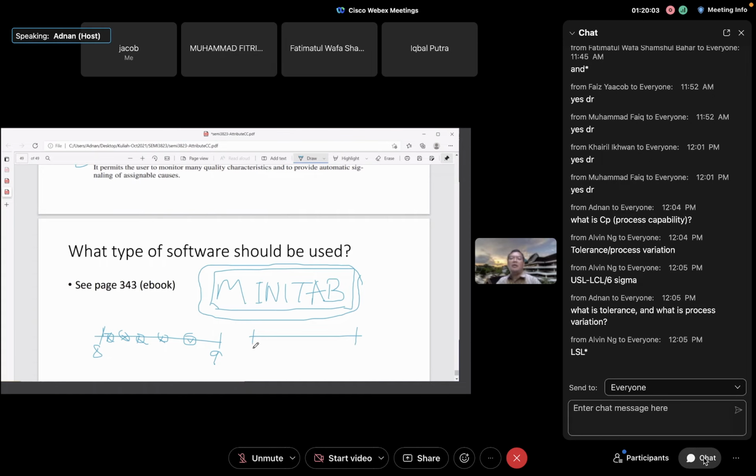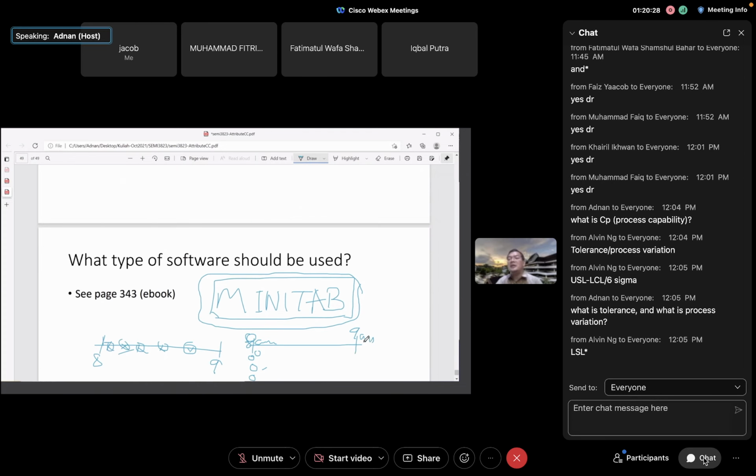For example, all the samples are taken at these instances, at 8 a.m., and the next will be taken at 9 a.m. We know that the sensitivity of the charting is different if you collect data like this or like this. I think that's enough for control charting.